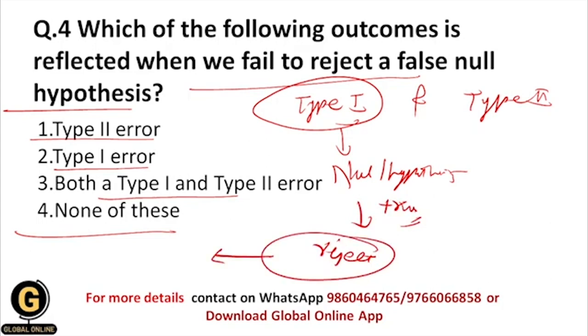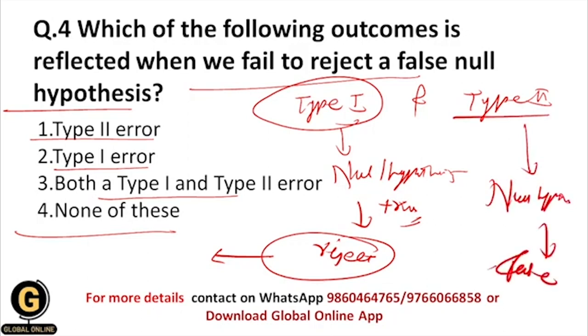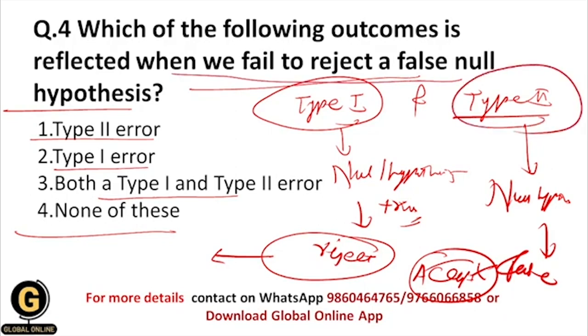And in what situation does type 2 error happen? Whenever there is a null hypothesis and this null hypothesis is false, but I am not going to reject it, so I accept it. In this situation type 2 error happens, and that's why the situation in the question is the type 2 error.